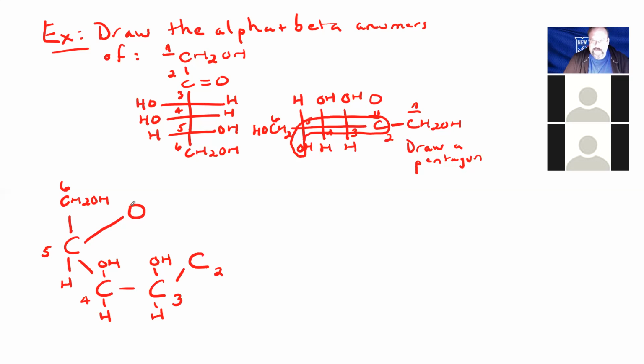So now let's form the ring. We take the hydrogen off of the oxygen on the last chiral carbon, carbon 5. That oxygen is going to form a bond to the C double bond O carbon, which is carbon 2. Now, two things. First off, carbon 2 is still going to be connected to carbon 1.